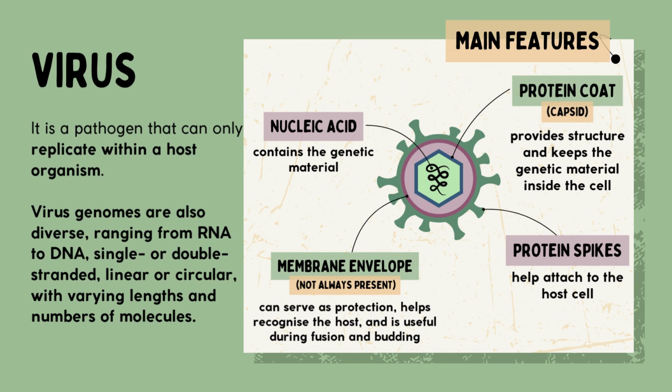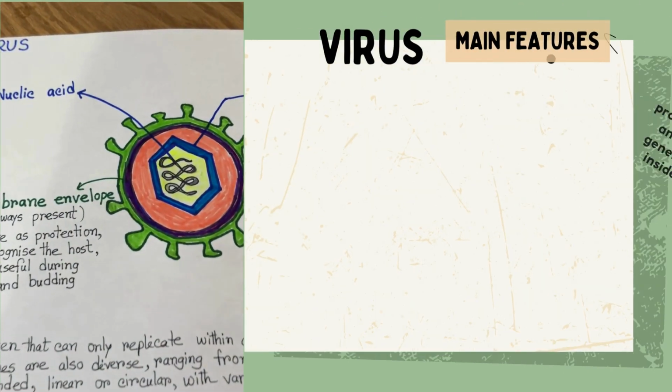A virus is a pathogen that can only replicate within a host organism. Virus genomes are also diverse, ranging from RNA to DNA, single or double stranded, linear or circular, with varying lengths and numbers of molecules. This is a virus.